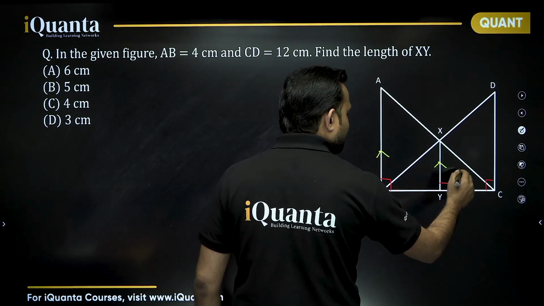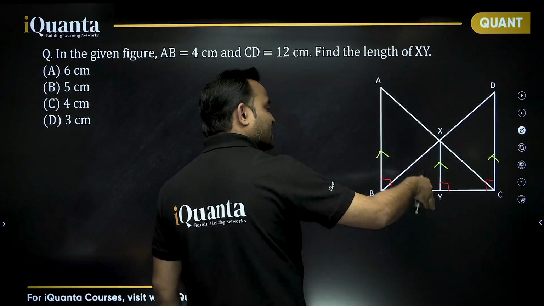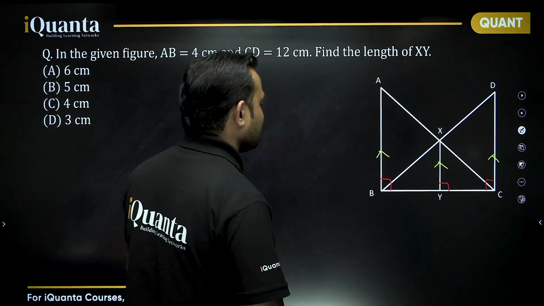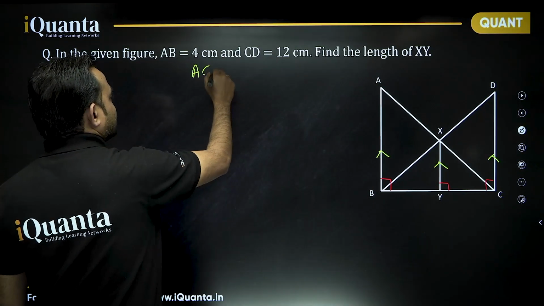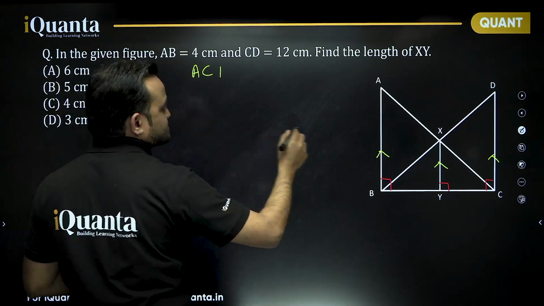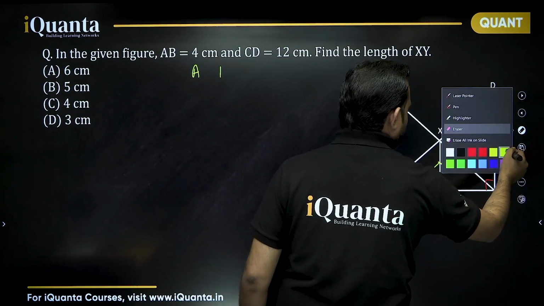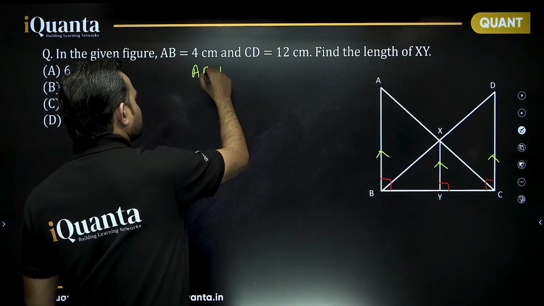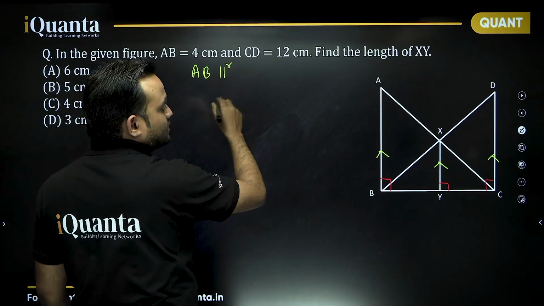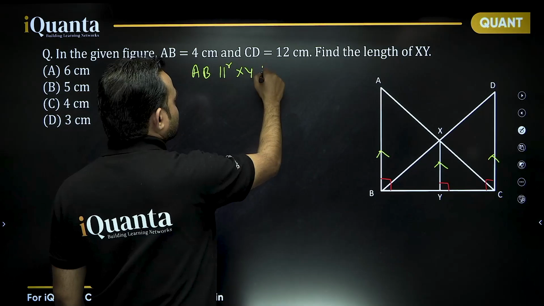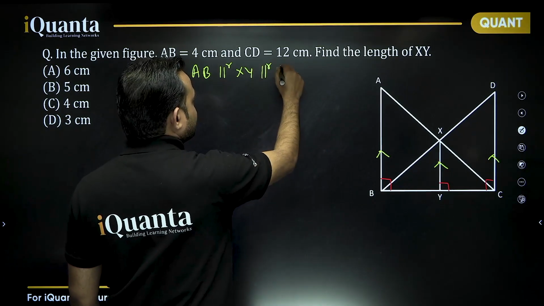AB is parallel to XY, which is also parallel to DC.